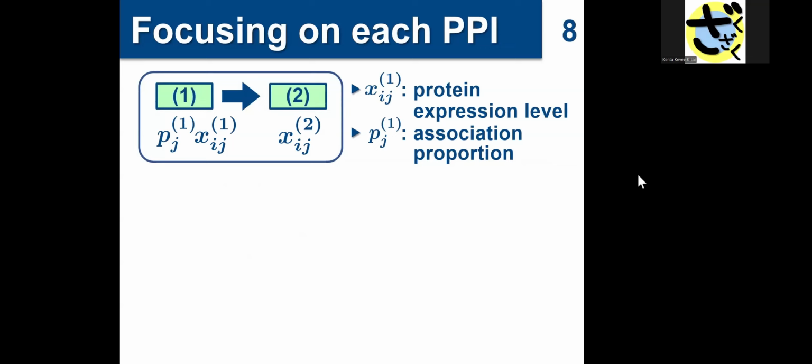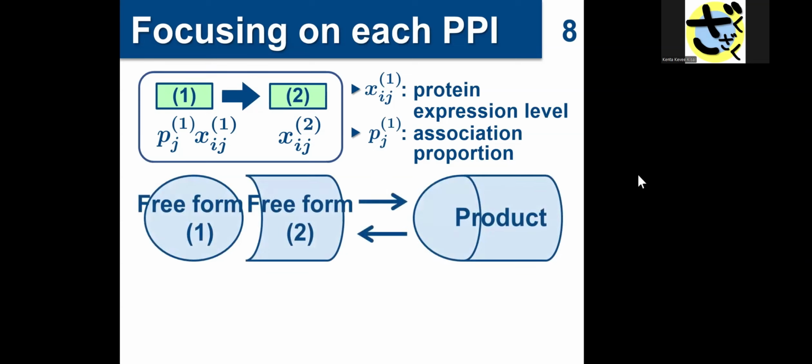Note that x_ij1 and x_ij2 represent the protein expression levels of individual i in group j, and p_j1 represents the association proportion of group j. The interaction is characterized by the free forms and the associated product, and they repeatedly undergo association and dissociation.